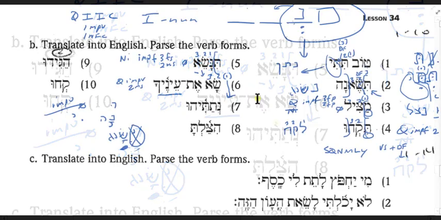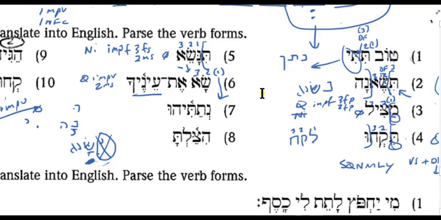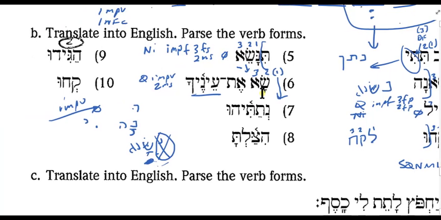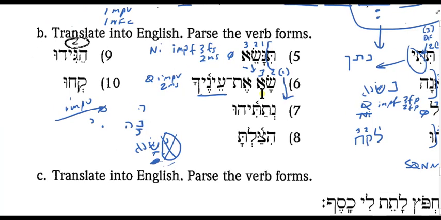Okay. Let's go ahead and take a look at number 7 real quickly here. All right, so we have nutatihu. Nutatihu. What are my root letters here for this verb form? Nutatihu. Can you see any? Number 7?